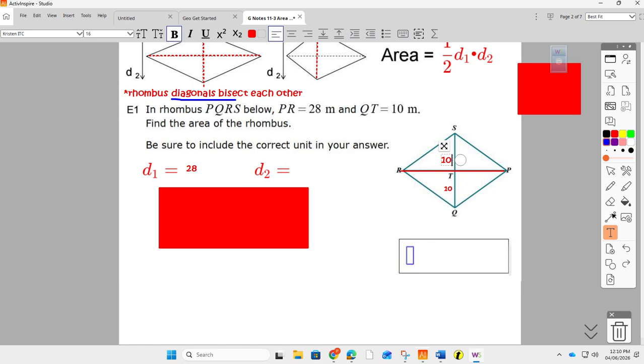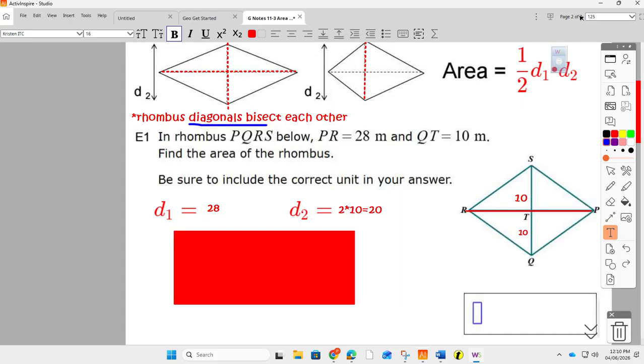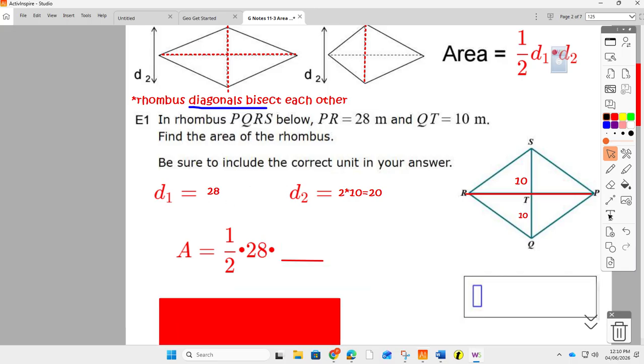So now we know that the length of this diagonal is 2 times 10, which is 20. So far, so good? So now we plug into our formula. Area equals 1/2. We already know 28 times 20.